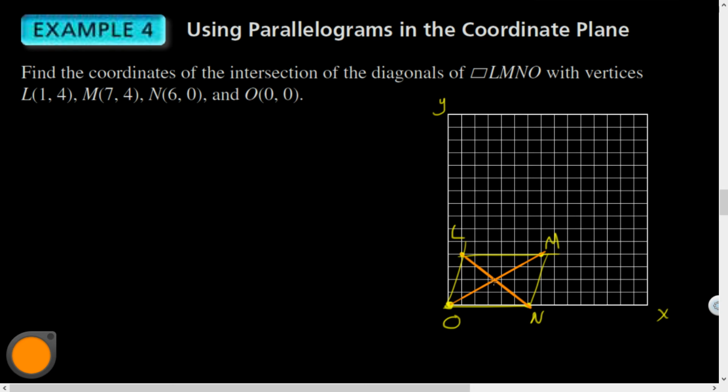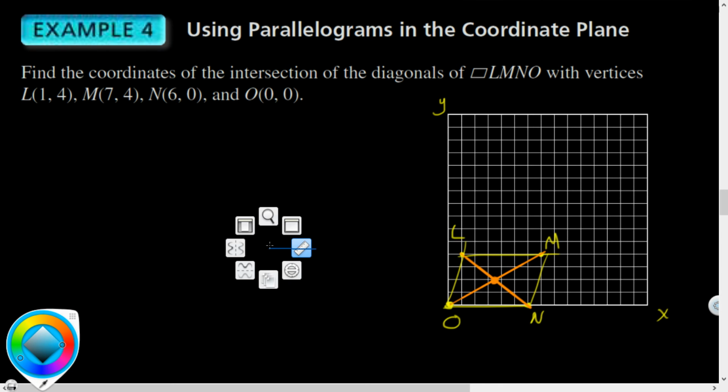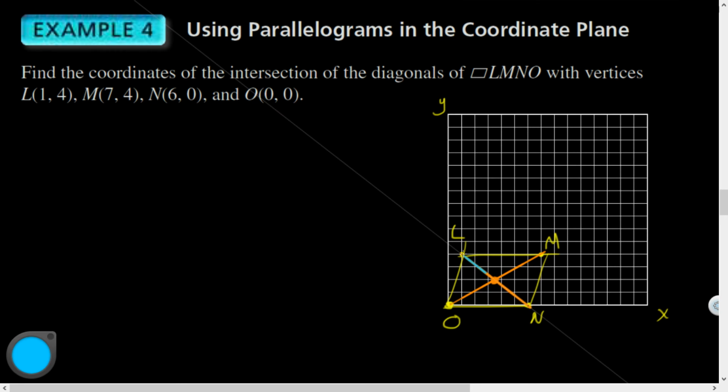So this is what I'm looking for, that point right there. I'll even change the color of one of those lines. If I want to find the intersection between 2 lines, guys, how could I do that?